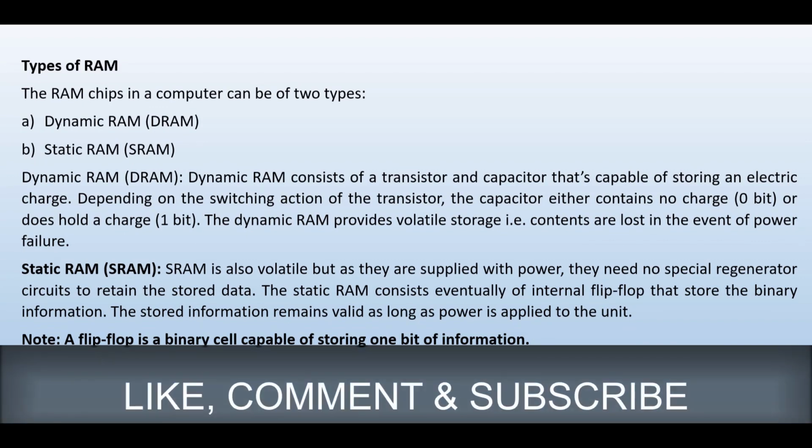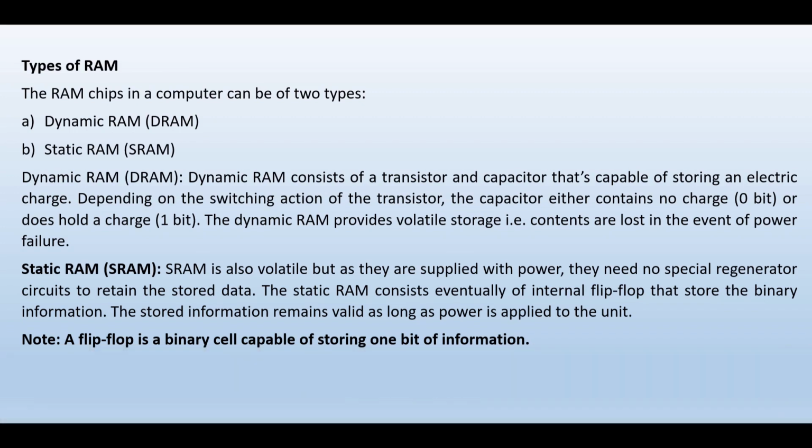Dynamic RAM consists of a transistor and capacitor that is capable of storing an electric charge depending on the switching action of the transistors. The capacitor either contains no charge, 0 bit, or does hold a charge, that means 1 bit.